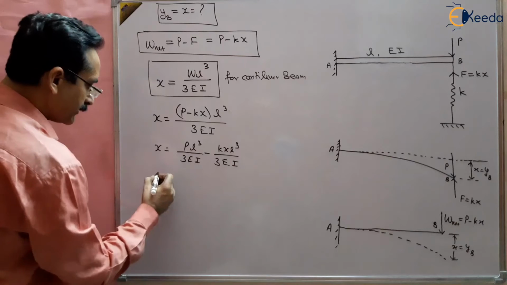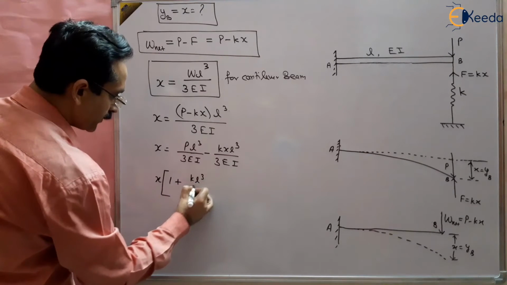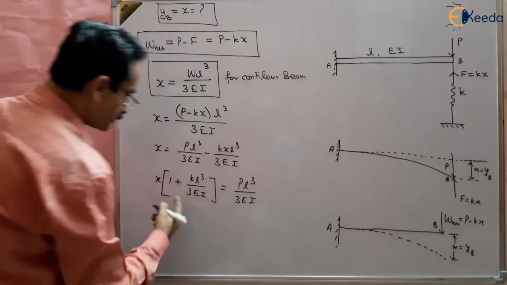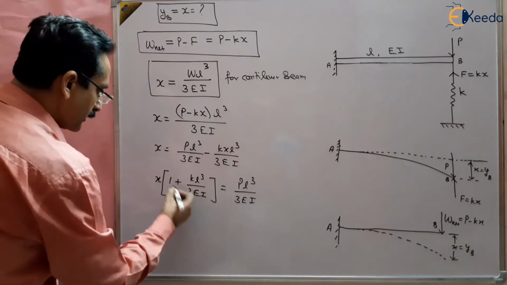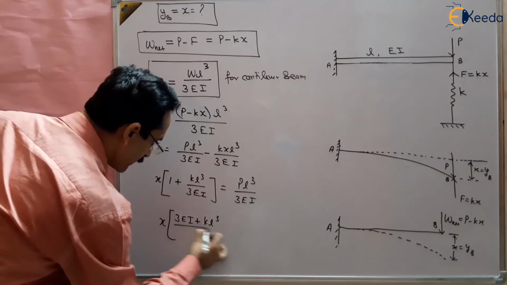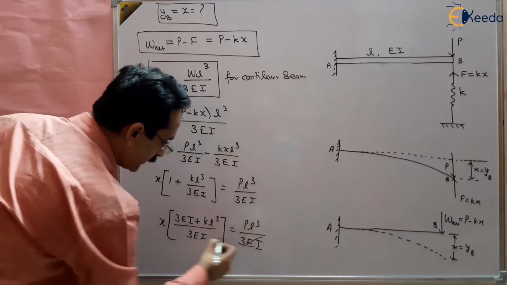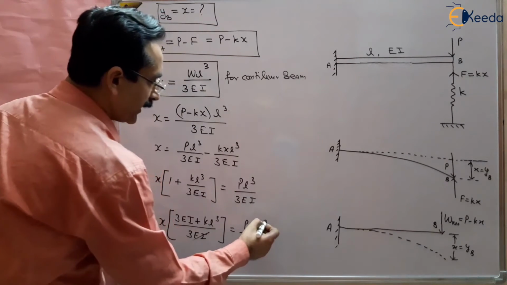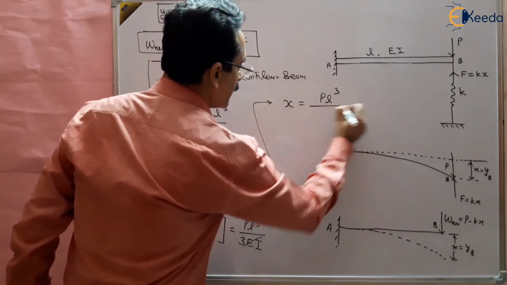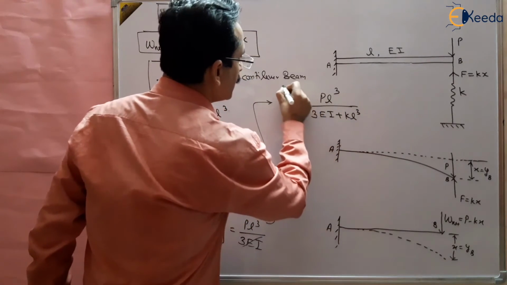Taking this term to the other side, x times 1 plus KL cube by 3EI will be equal to PL cube upon 3EI. Solving it, x times 3EI plus KL cube by 3EI equals PL cube by 3EI. The 3EI cancels. So x will be equal to PL cube by 3EI plus KL cube. This is the answer of this question.